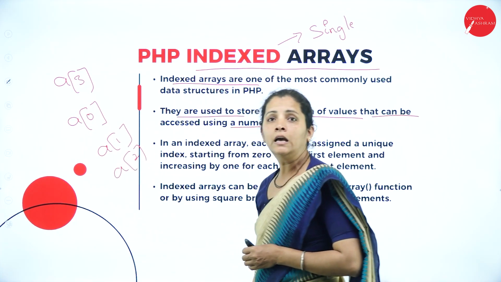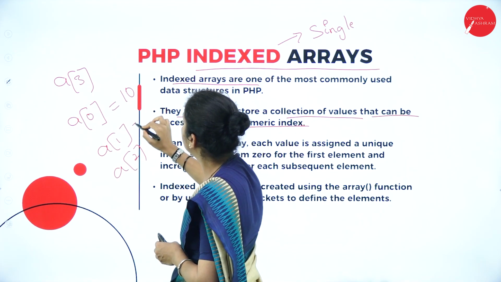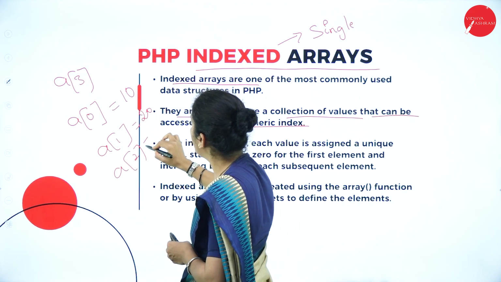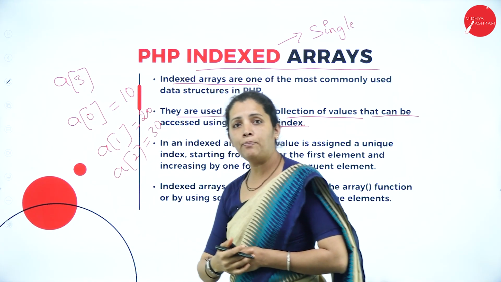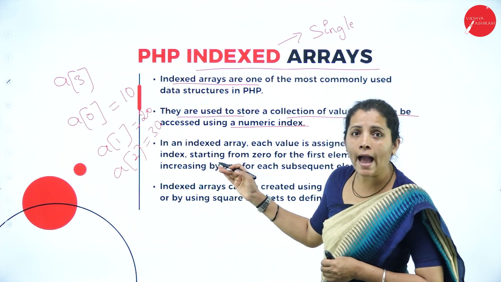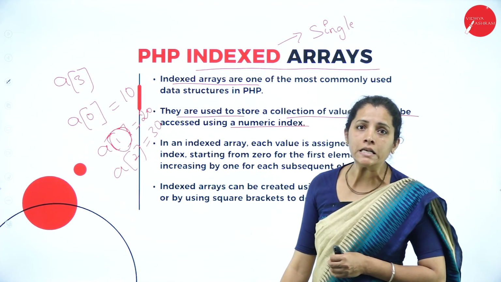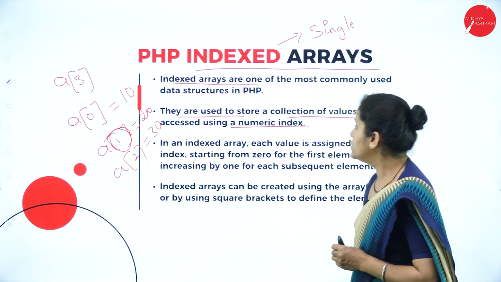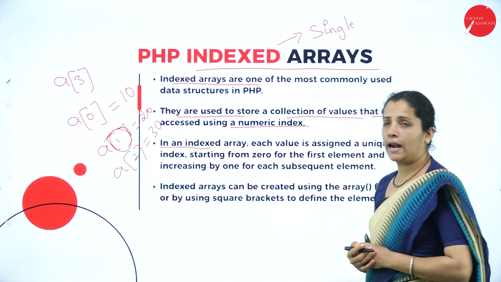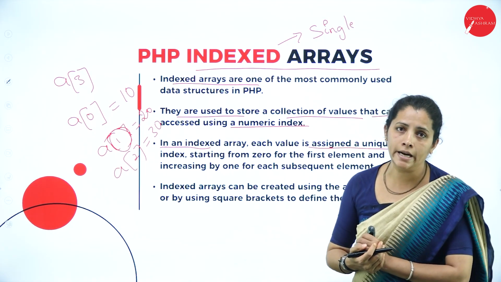Okay, fine. Now see here. I have the value 10, I have the value 20, and I have the value 30. Suppose if I want to access the value 20, how can I access? Through the numeric index. What's my numeric index here? That's nothing but the 1. So, in an indexed array, each value is assigned a unique index.